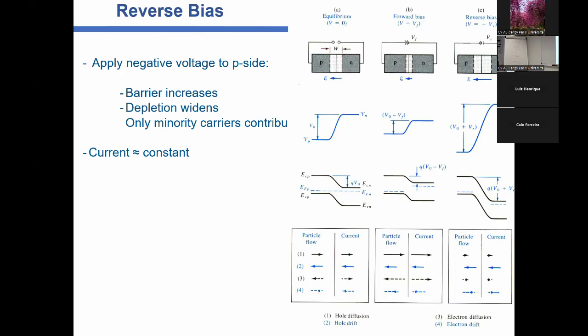So you see this is lower because this barrier here is getting higher, and it will give some difficulty to the movement of electrons.